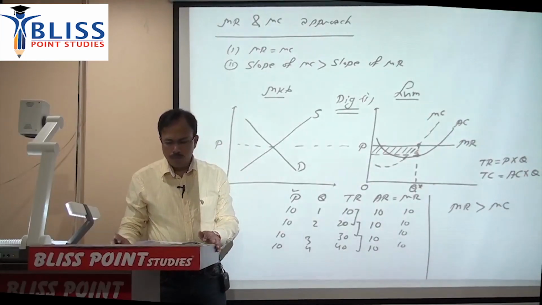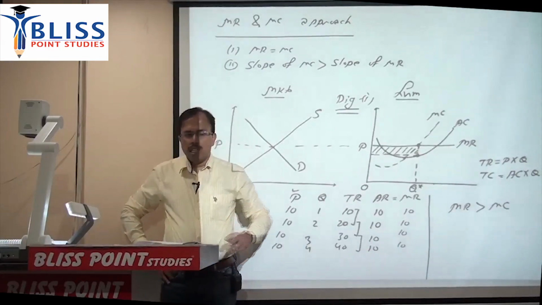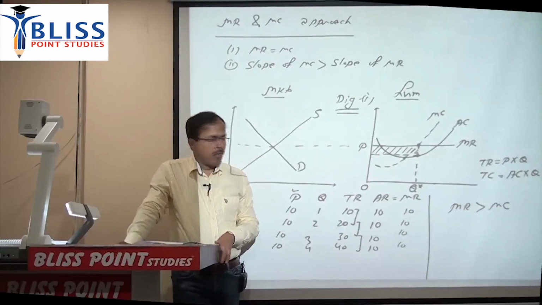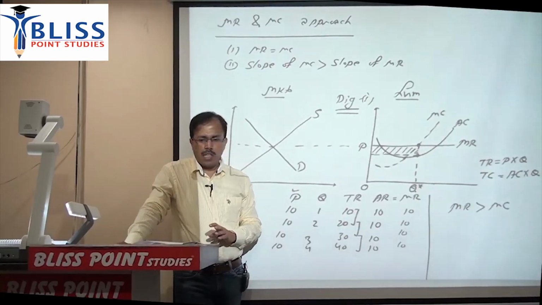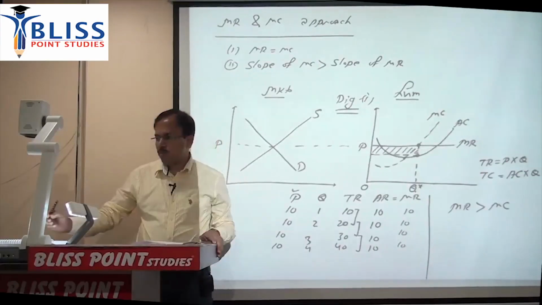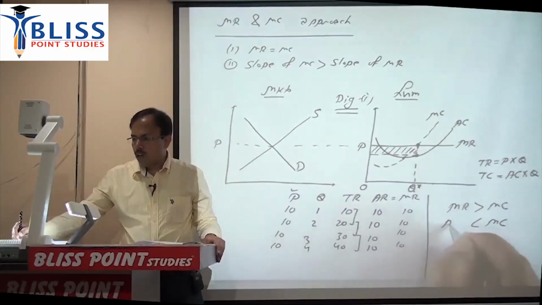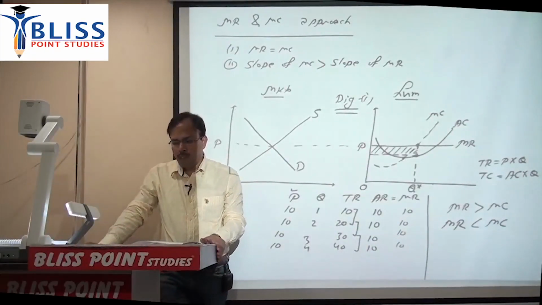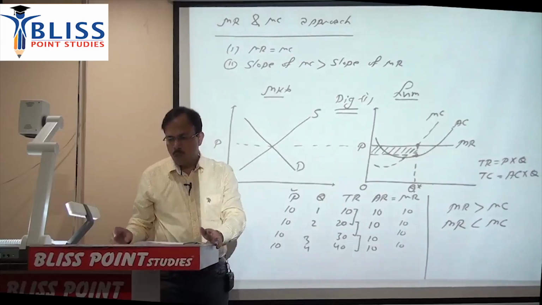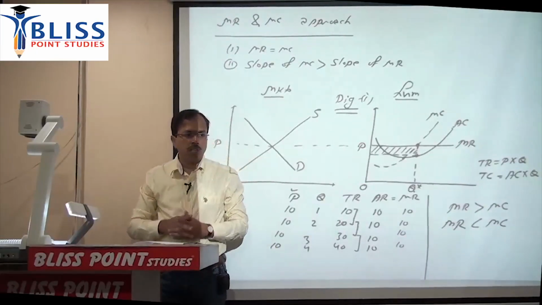On the other hand, to the right of output Q star, each unit of output is adding more to cost and less to revenue, meaning MC is greater than MR. So profit can be increased by producing less output.